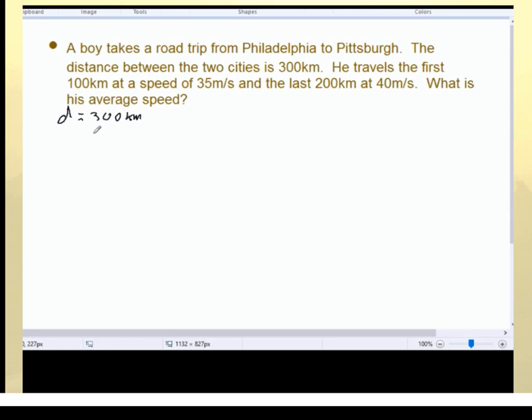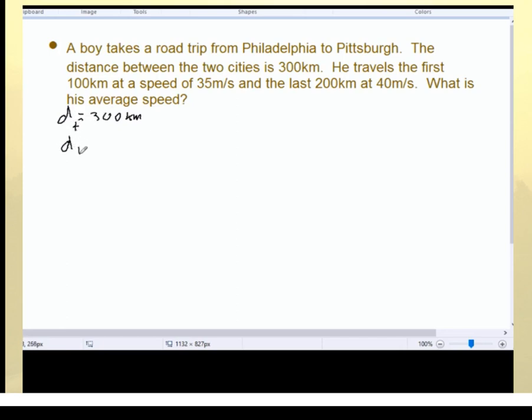He travels the first 100 kilometers at a speed of 35 meters per second, and then the last 200 kilometers at 40 meters per second. What's his average speed? Well, let's see, we have two different distances then. So I'm going to call this distance total. I'll just put a little subscript t there so I know that this d is the 300.